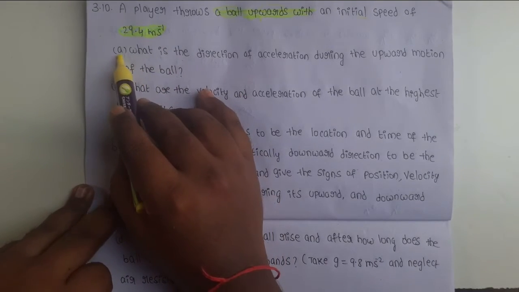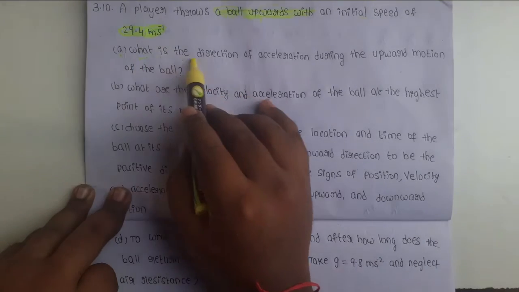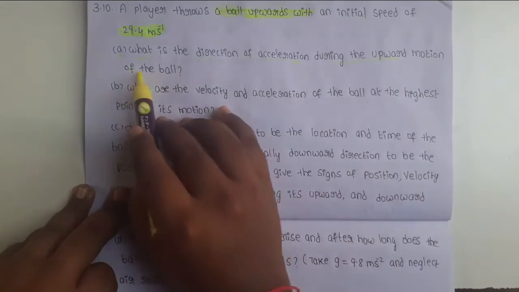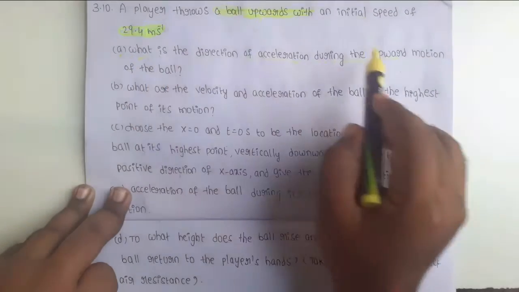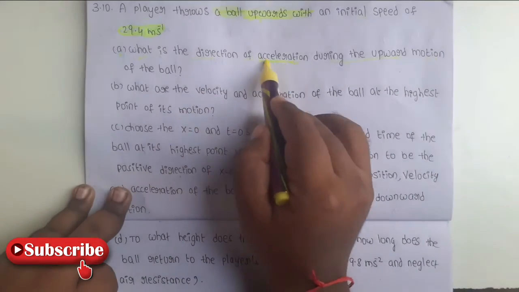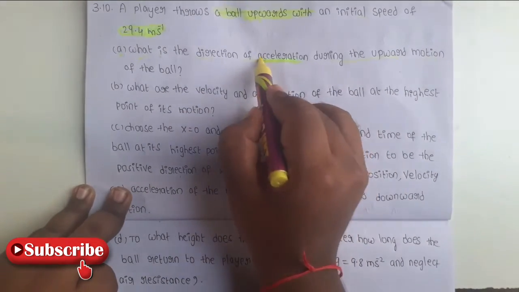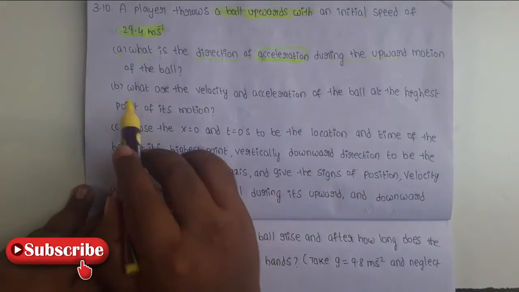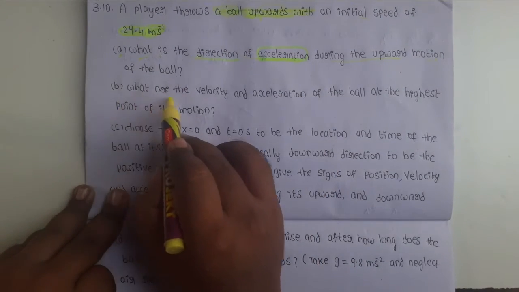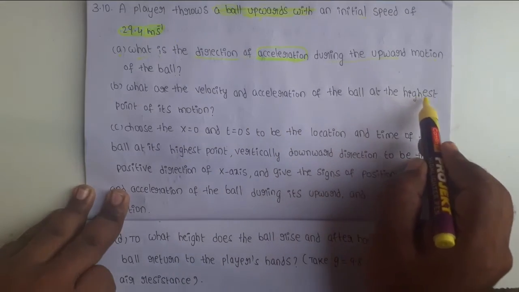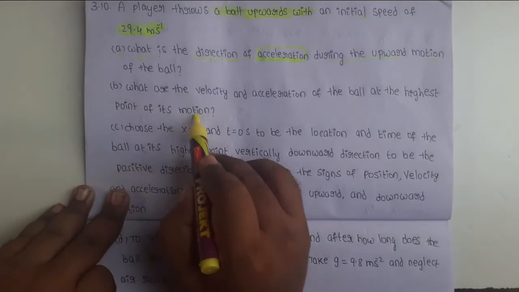So here some questions are there. A. What is the direction of the acceleration during upward motion of the ball? The ball is moving in the upward direction of the motion, we have to find out the acceleration direction. Next, B. What are the velocity and acceleration of the ball at the highest point of the motion?